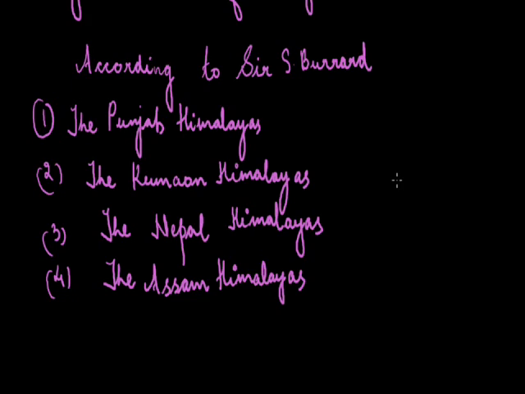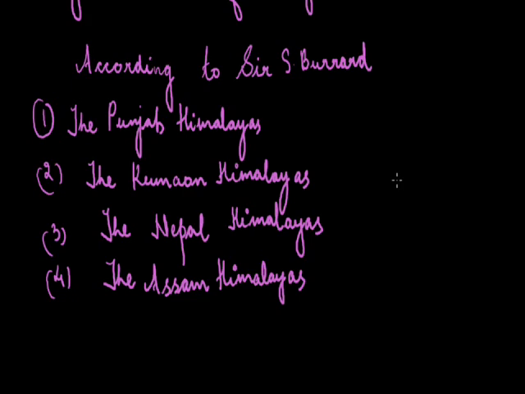Coming to the third one, the Nepal Himalayas. It is situated between the Kali and the Tista, and it is 800 kilometers long. Most of it is located in Nepal and hence its name. This is the highest part of the Himalayas where lofty peaks like Everest, Kanchenjunga, Dhaulagiri, Annapurna, Makalu, etc. are located.